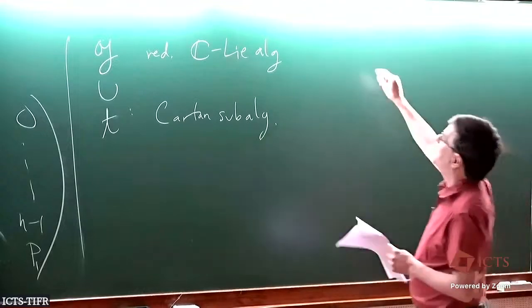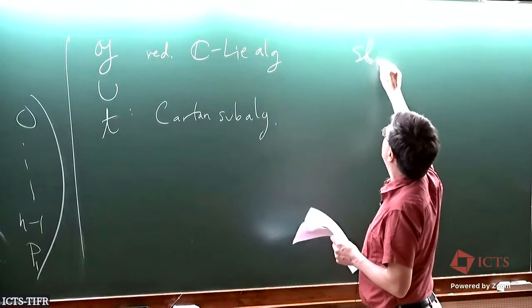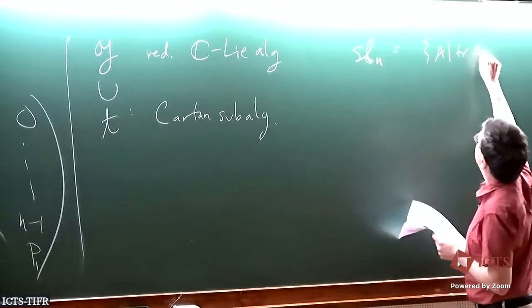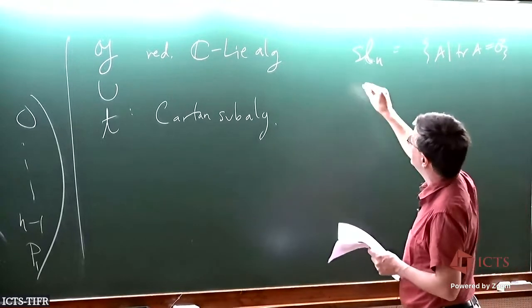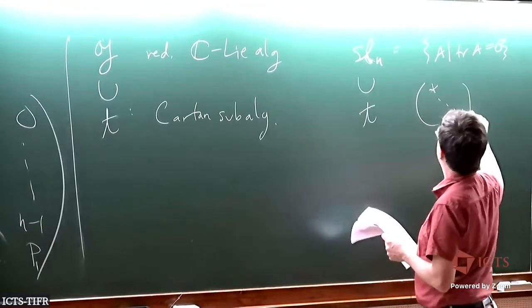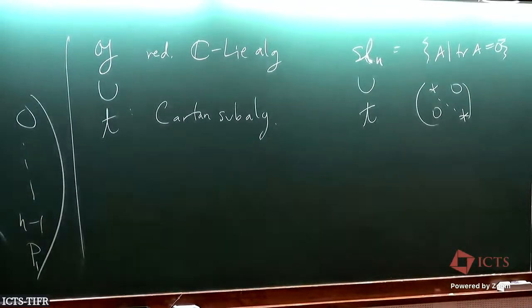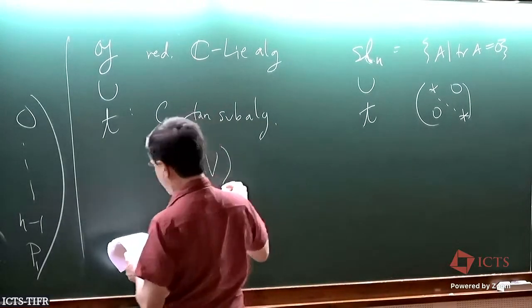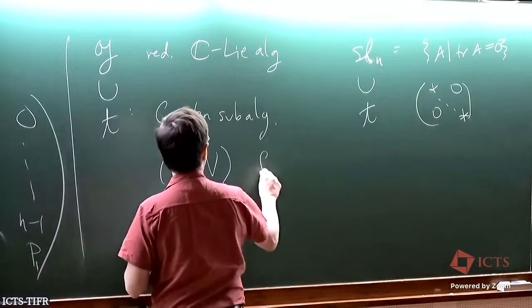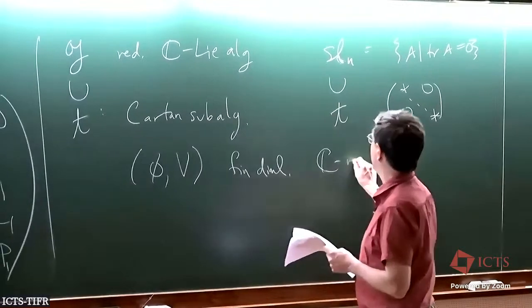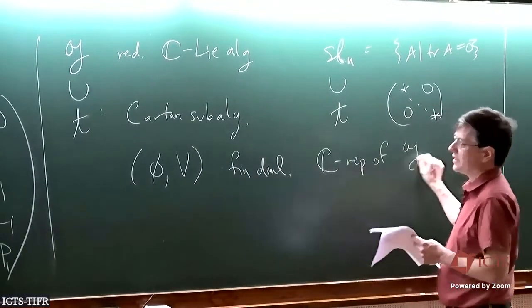So, for example, you can think of little sl n, which is the n by n matrices of trace 0. And then this has inside it this torus of diagonal matrices with trace 0. And I'll write phi for a finite dimensional complex representation of G.